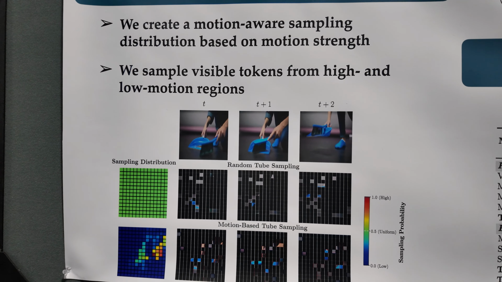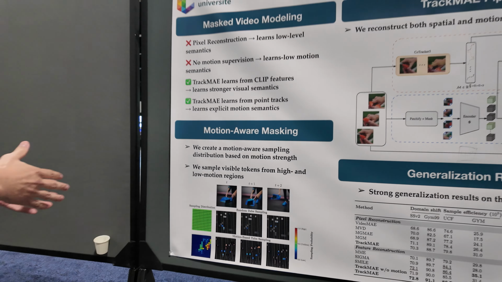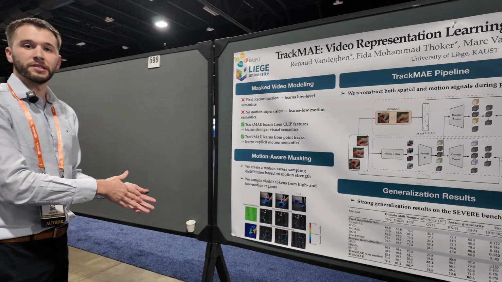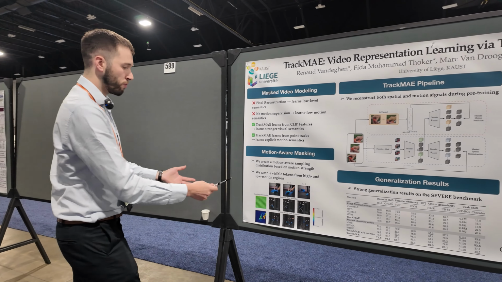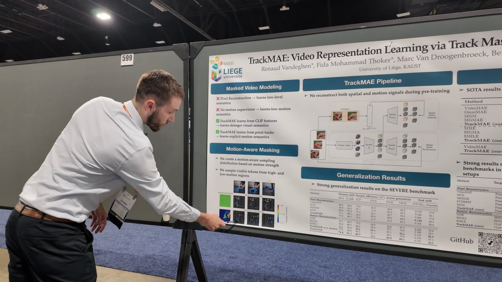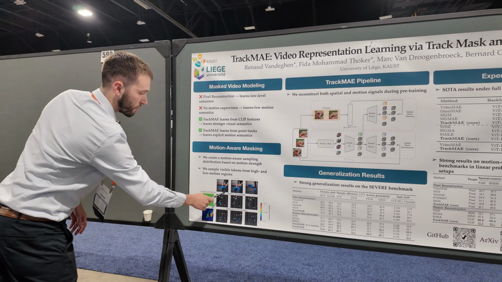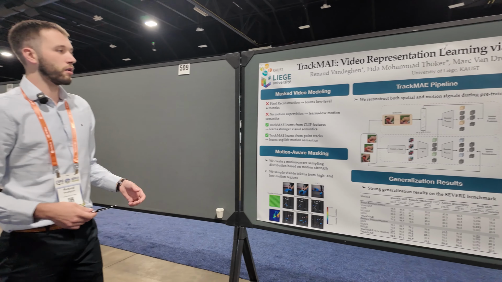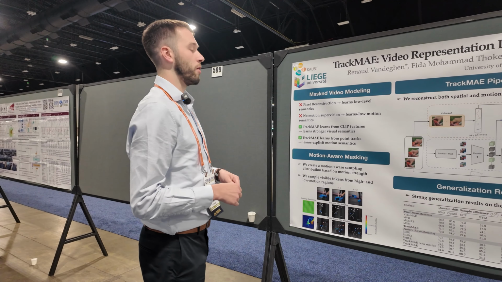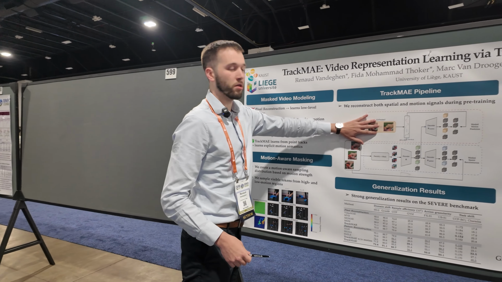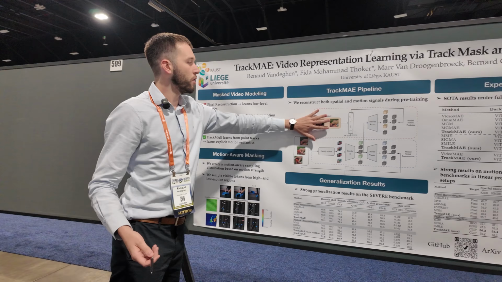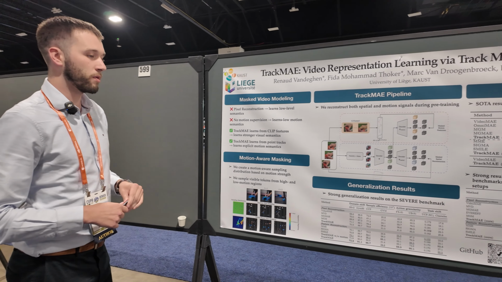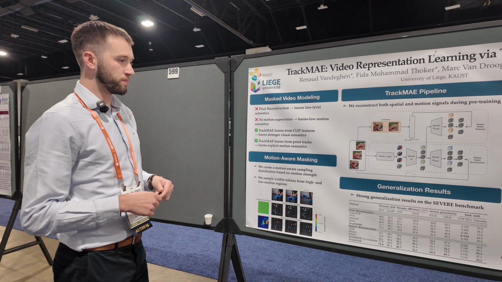Based on those two bins, we can select visible tokens from high motion bins and low motion bins, so that we make sure that the visible tokens are coming from both the motion part and the background part, which is a smarter way to do masking, and it comes at no cost, obviously, because this information is already present in the tracking trajectories.